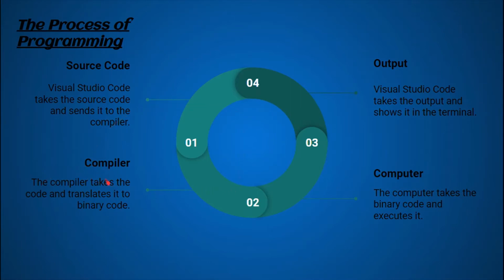The compiler takes the code and translates it to binary code, or ones and zeros, which is what computers understand. Then, in step 3, the computer takes the binary code and executes it. It's still in ones and zeros, though. Then Visual Studio Code takes the output and shows it in the terminal, or console.